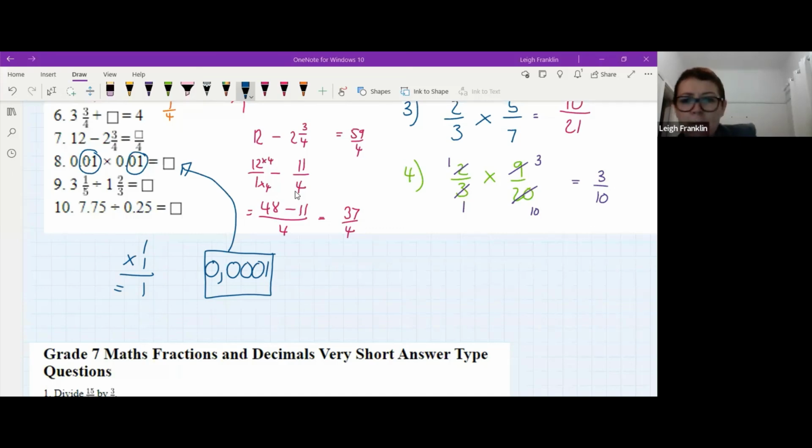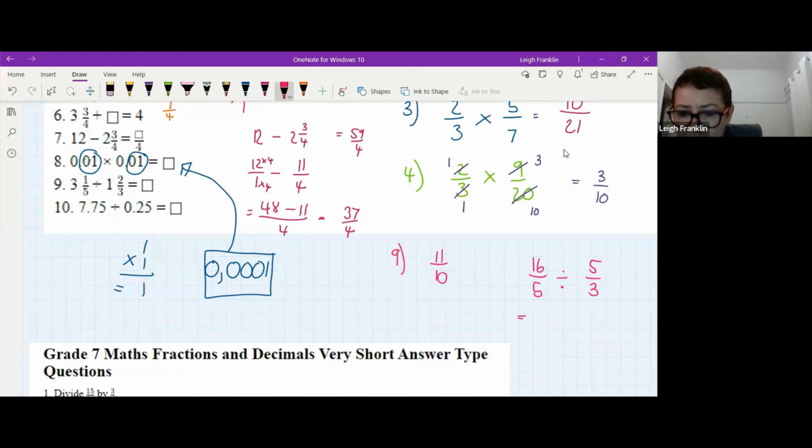Tabi Singh, number 9, please. Ma'am, I think it's 11 out of 10. Okay, so Tabi Singh says 11 out of 10. All right, the first thing that we would have to do is make those improper. So 3 times 5 plus 1 would give us 16 over 5, which we need to divide by 3 times 1 is 3, plus 2 is 5 over 3.